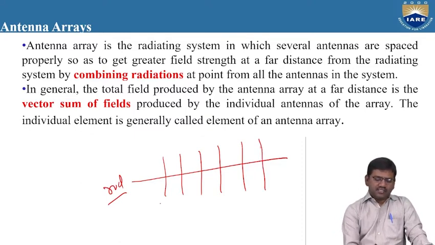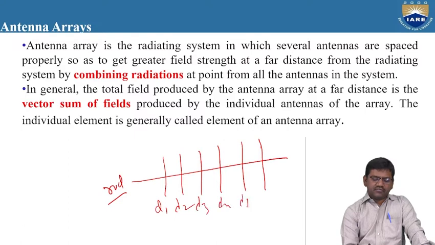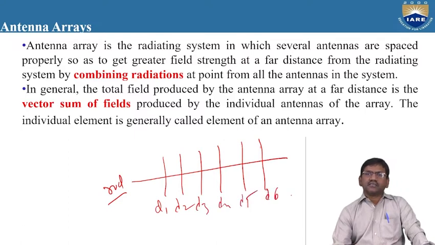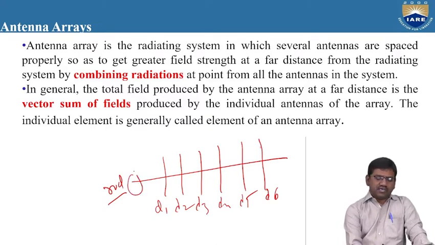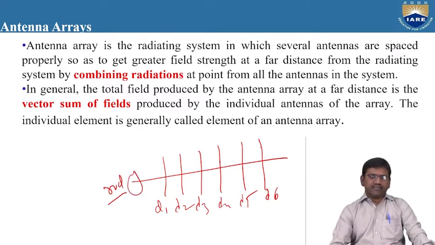Suppose this is dipole 1, this is D2, this is D3, this is D4, D5, and D6. So all these are dipoles arranged with equal spacing along a rod. When we apply some input signal to this rod, when we activate these elements, some field strength is produced by the individual elements of the array.